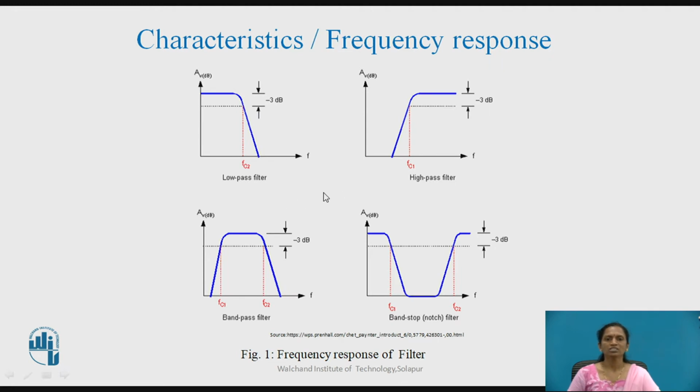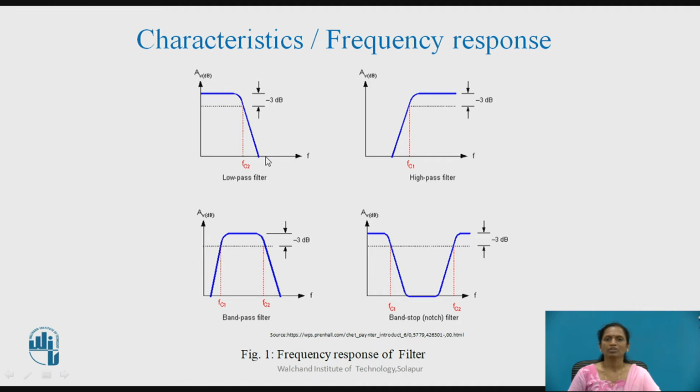Now, the various filters, and we must know their frequency response. This figure 1 shows the frequency response of the low pass filter, where we can find that first we have constant gain over the frequency up to the cutoff frequency, and after the cutoff frequency gain reduces.